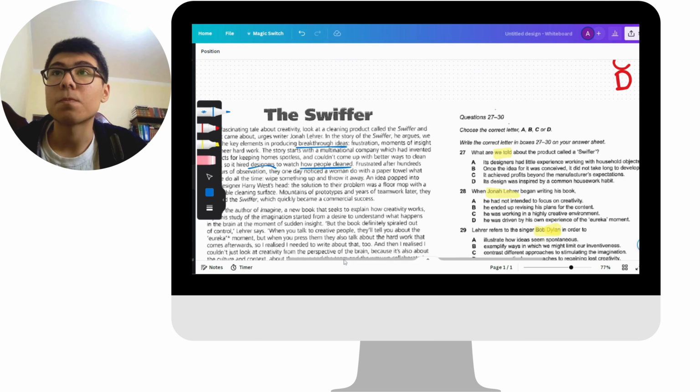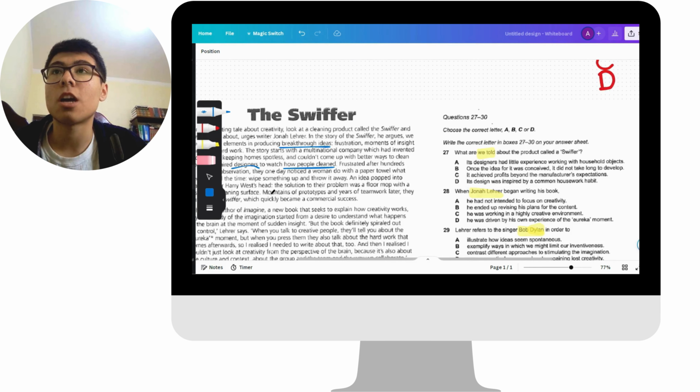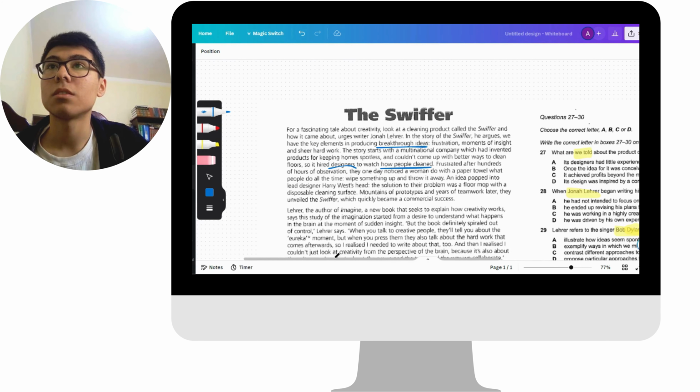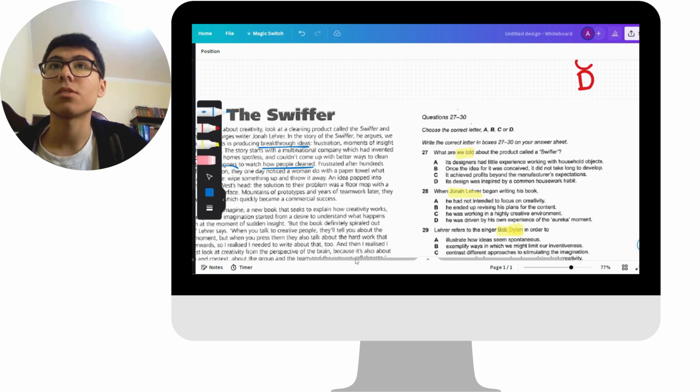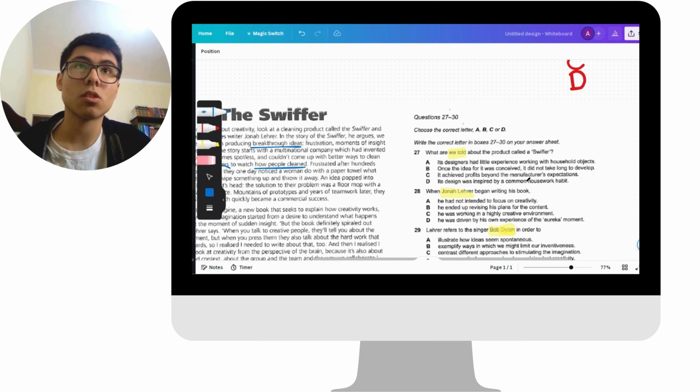It is actually the opposite, because mountains of prototypes and years of teamwork later, then they invented the Swiffer. So it took long. So B is the opposite of what the passage is saying.